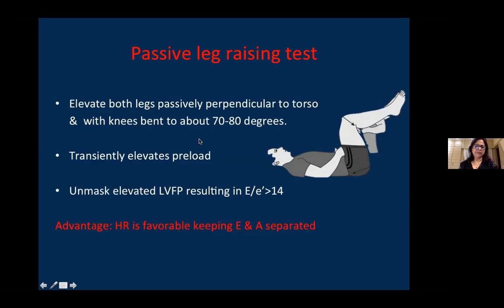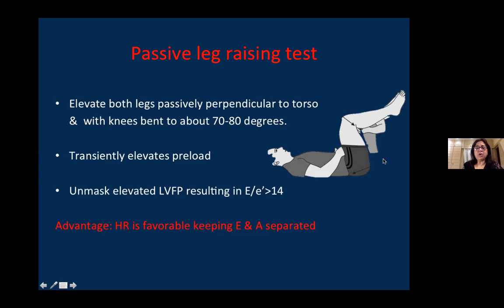You tell your colleague to raise them. You elevate both the legs passively, perpendicular to the torso, with the knee bent to about 70 to 80 degrees. That will transiently elevate the preload.